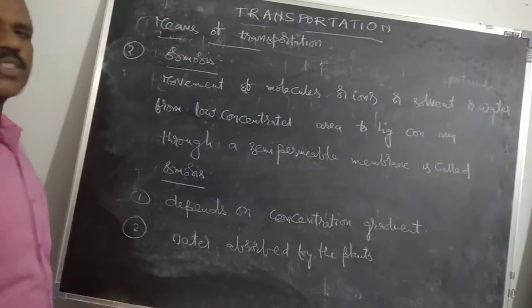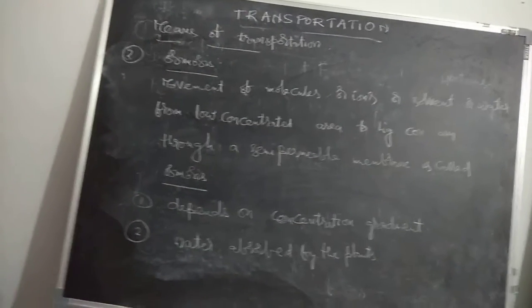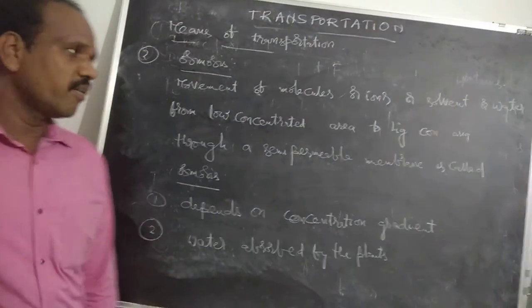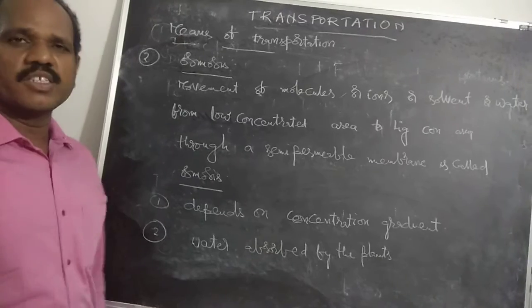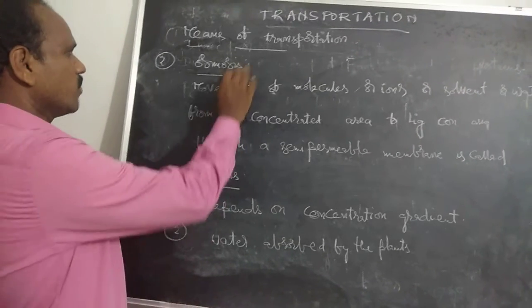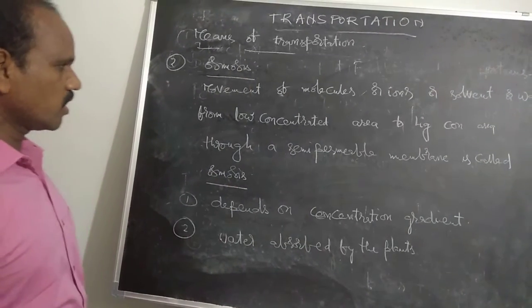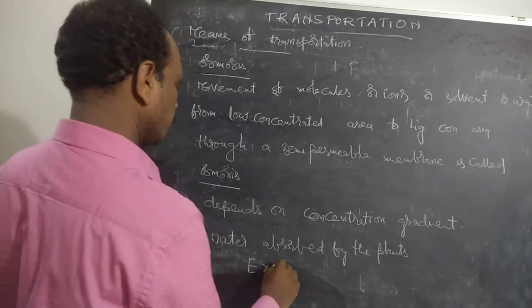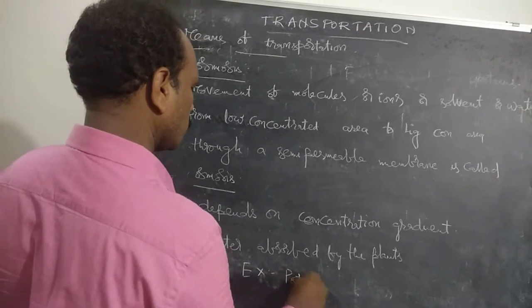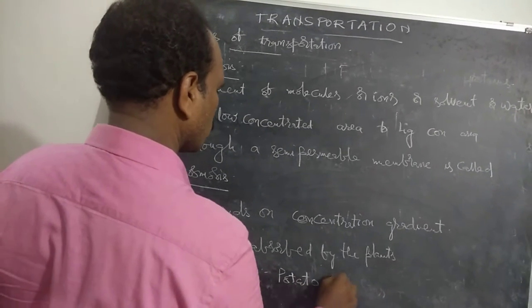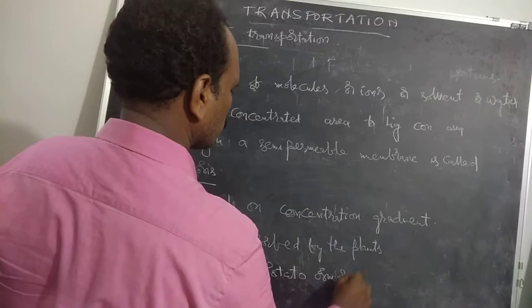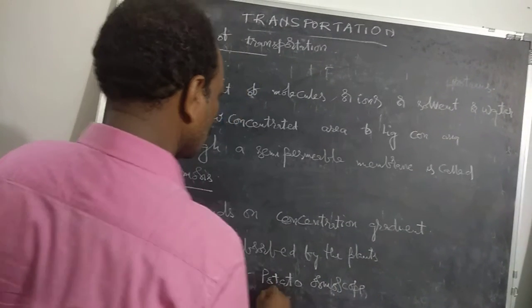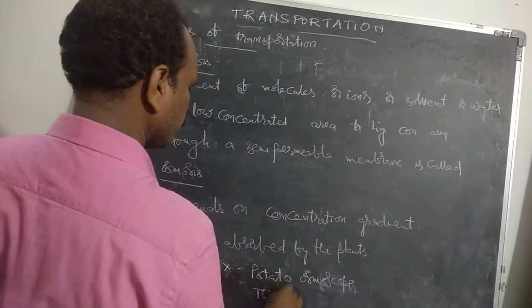Through this osmosis process. In the ninth class, we have osmosis and diffusion. For this osmosis experiment, there is the potato osmoscope experiment and the thistle funnel experiment also.